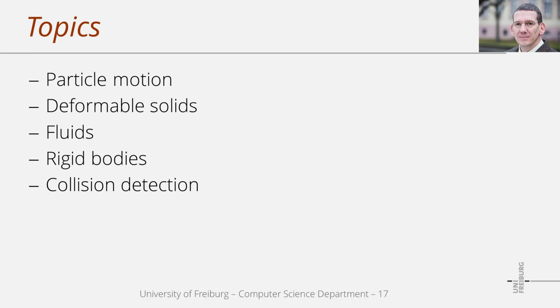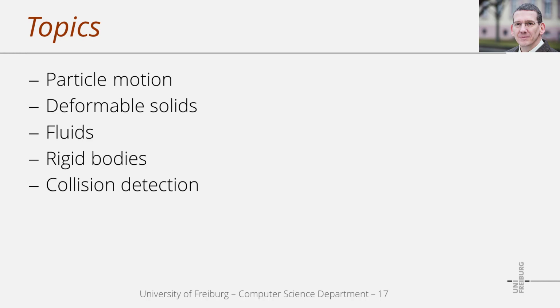The next topic would be rigid bodies. Rigid objects can also be represented with a set of particles, but we will see that in case of rigid bodies, we do not apply the respective forces to the individual particles, but instead we accumulate the forces and apply the resulting force to the entire rigid body.